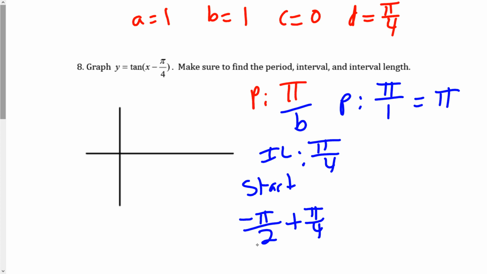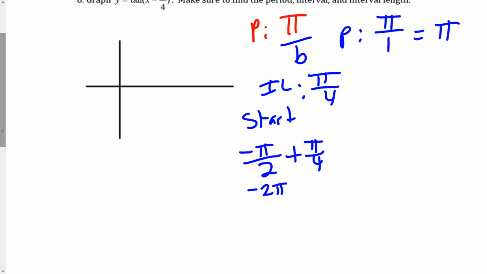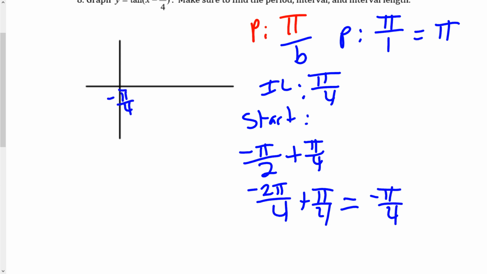So we need a common denominator. So we get negative 2 pi over 4 plus pi over 4. And so our start is going to be at negative pi fourth. So we can just change this to negative pi fourth. Okay, and then we're going to add pi fourth to that, because that's my interval.